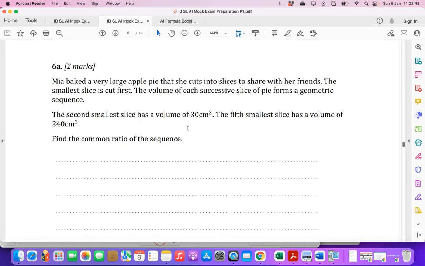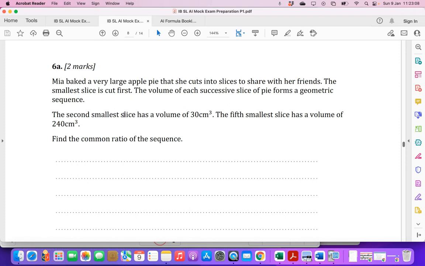The second smallest slice, the fifth smallest slice. So these are a geometric sequence. So what I did is just kind of map this out to give myself a picture of it. And then I calculated the common ratio, which is asked for in the question here.